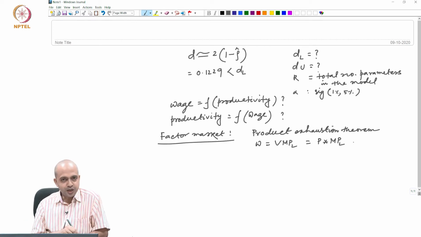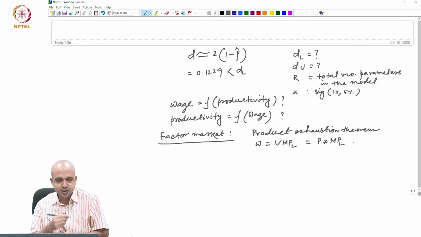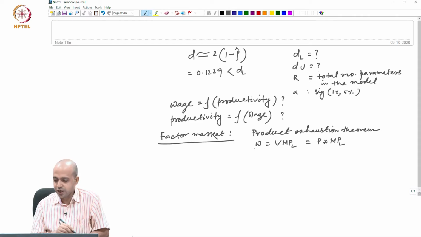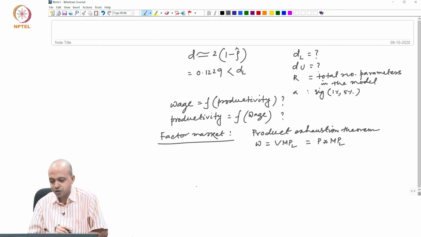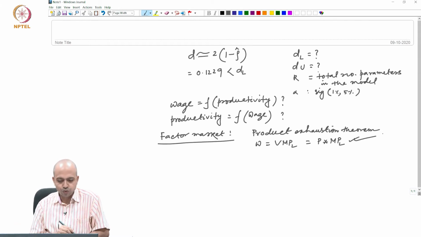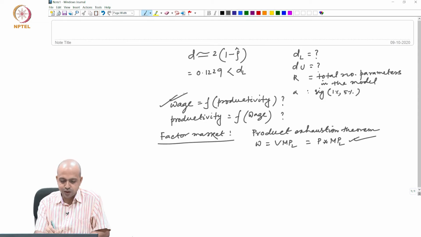If you multiply the marginal productivity of labor with the price level, you get the value of marginal product, and at equilibrium that should equal the wage rate. That is the equilibrium condition. If the laborers are paid according to their value of marginal product, then the total value of your output will get exhausted. That is called the product exhaustion theorem. So, this theory gives some guidance that actually wage is a function of productivity.